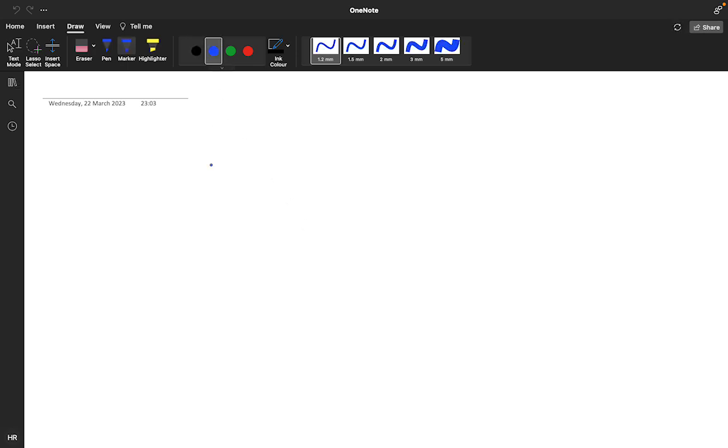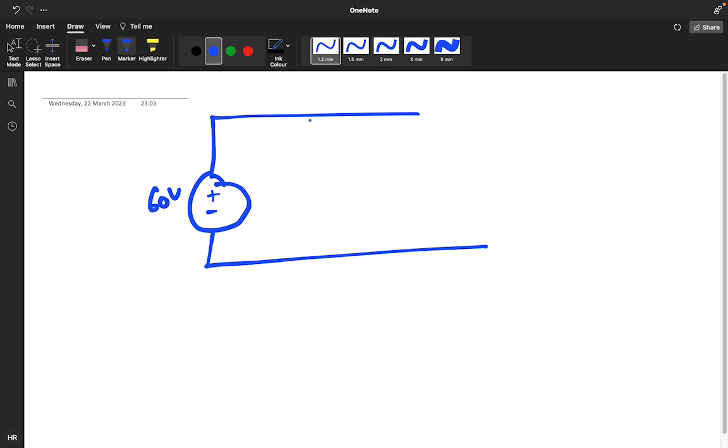Suppose I'm giving you one question. It's your homework problem. It's positive, negative, 60 volt, and this is 30 ohm, this is 30 ohm.